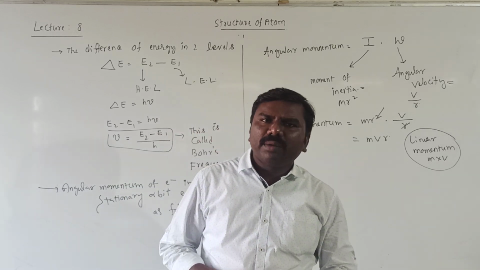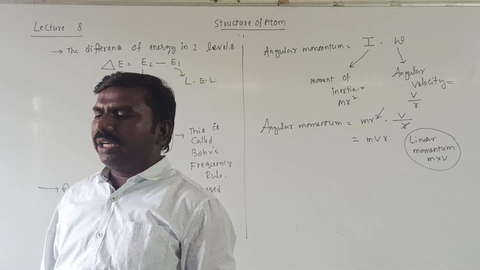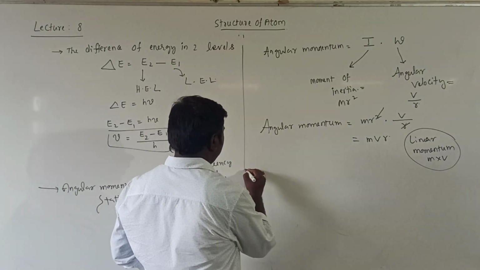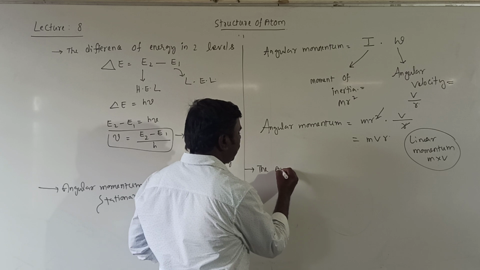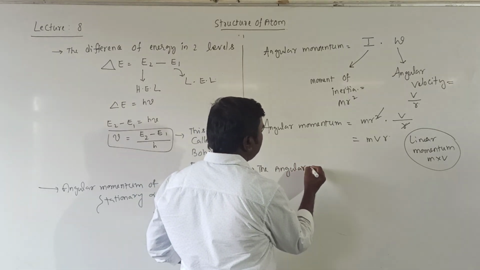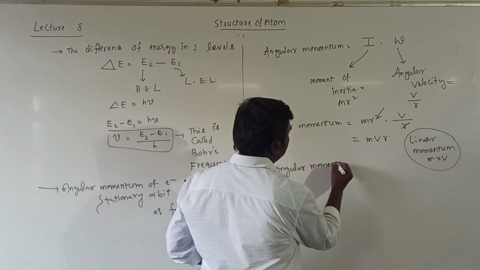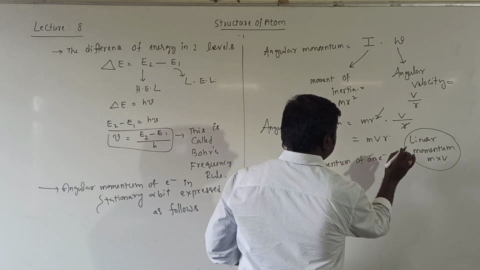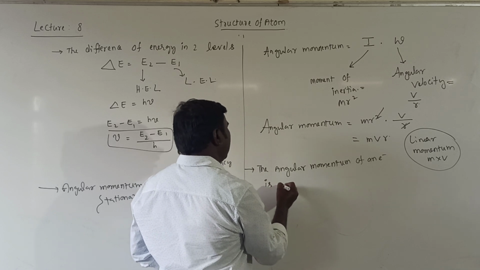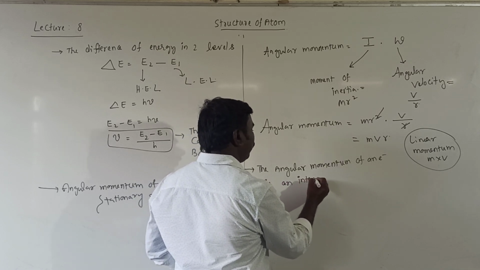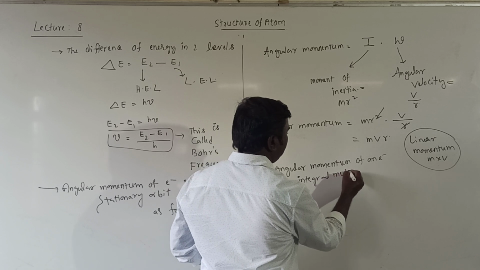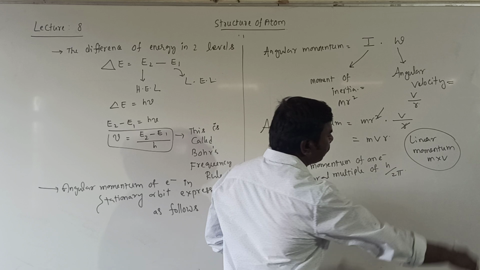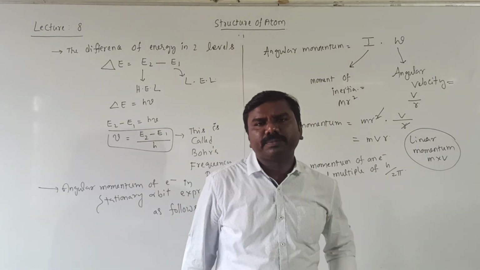The angular momentum of an electron is an integral multiple of h by 2 pi. It means it's a fixed value.